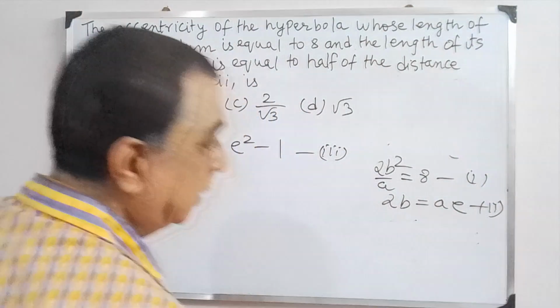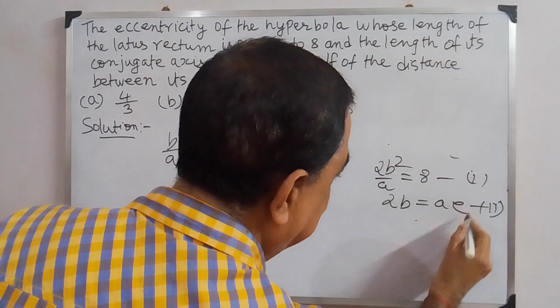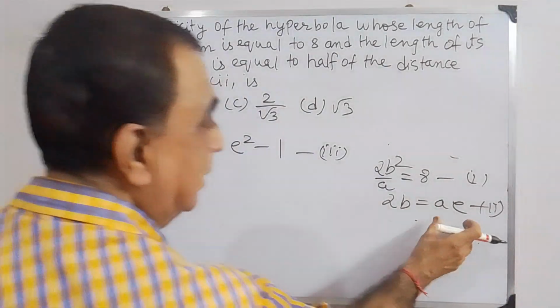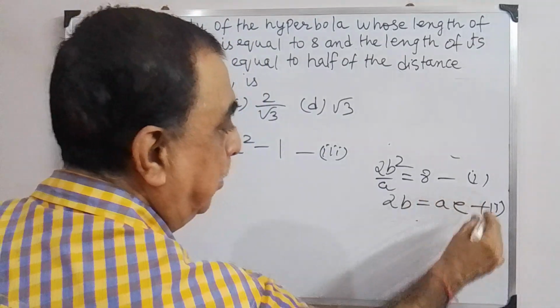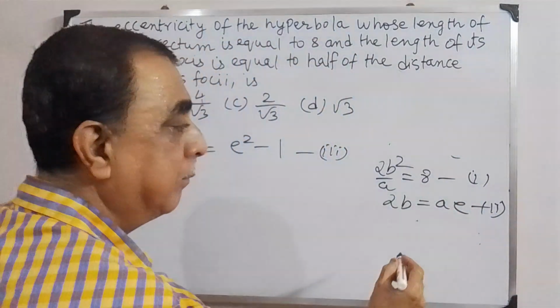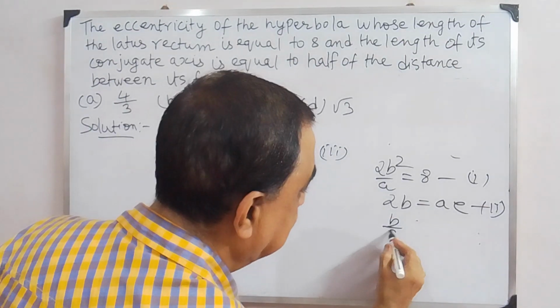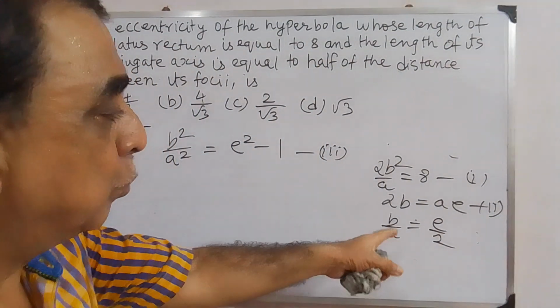So from here, since the length of the conjugate axis is half of the distance between the two foci, and half of the distance between two foci is ae, we get b by a is equal to e by 2.